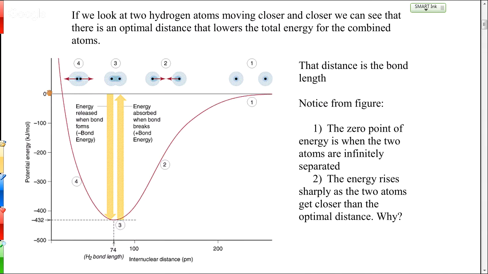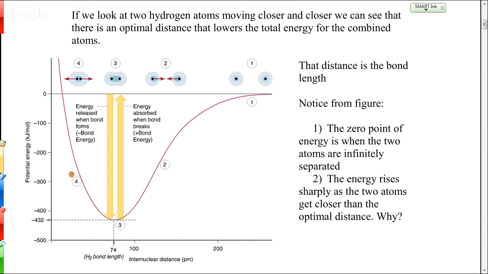Nuclei are going to repel each other because they're positively charged and they have mass. You can't put two masses in the same place. Two masses can't occupy the same space. So as those nuclei get closer and closer together, the energy goes up to infinity because they repel each other, until you're trying to get them to take up the same space, and that's certainly not going to happen. So that's why the energy shoots up all the way to the left.